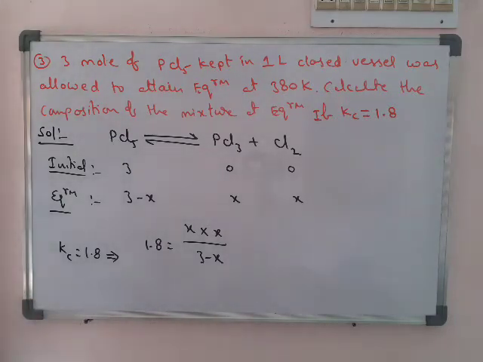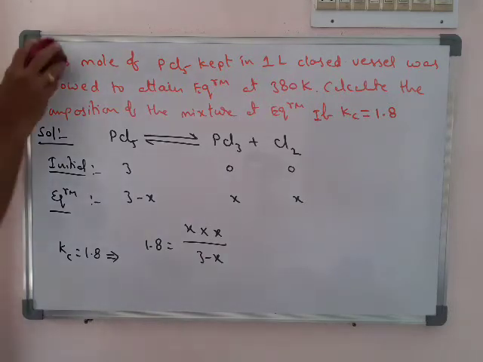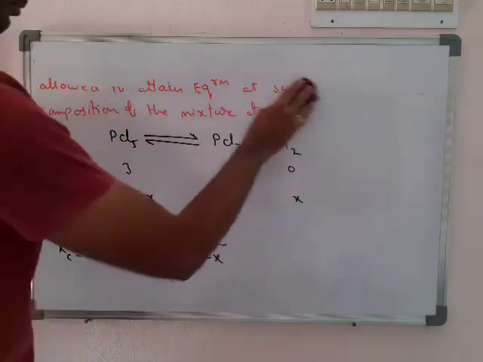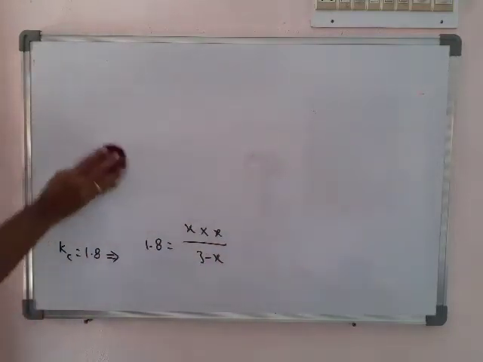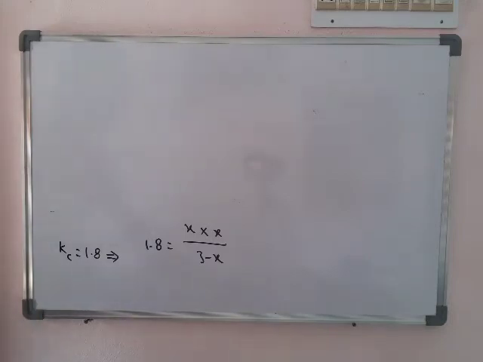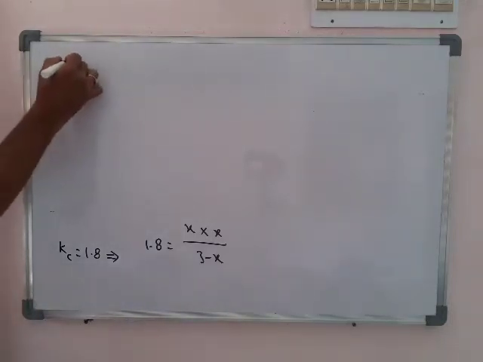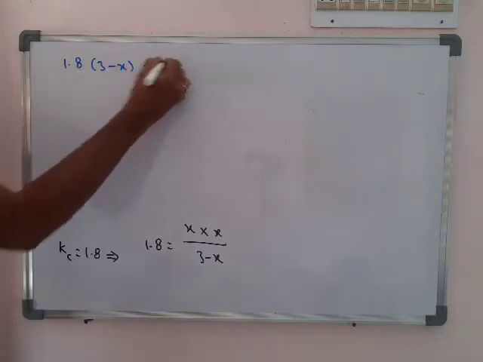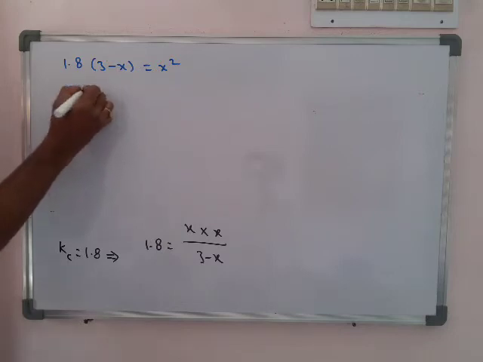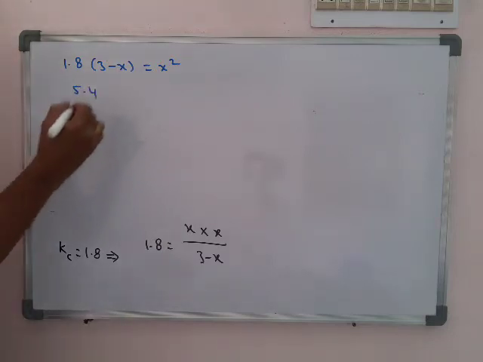So now here we can find x simply. That is x square, so that is 1.8 times 3, which is 5.4.